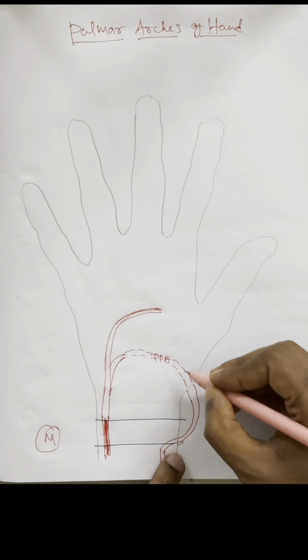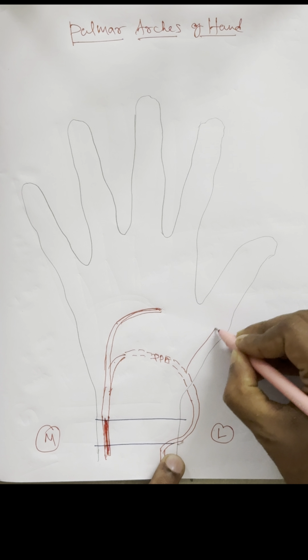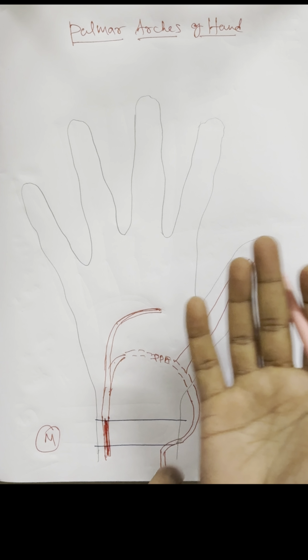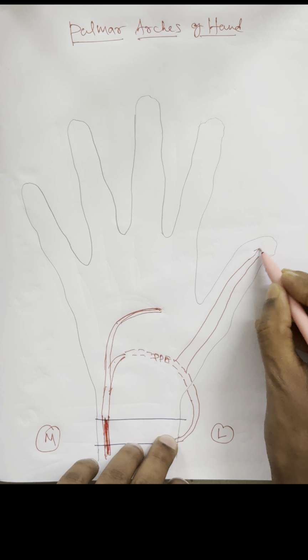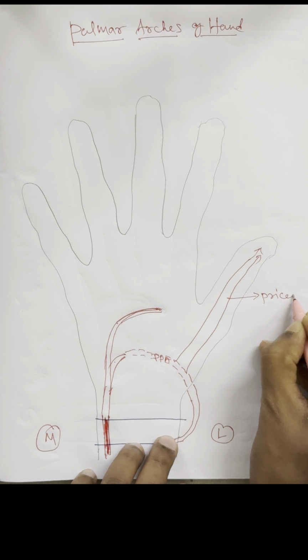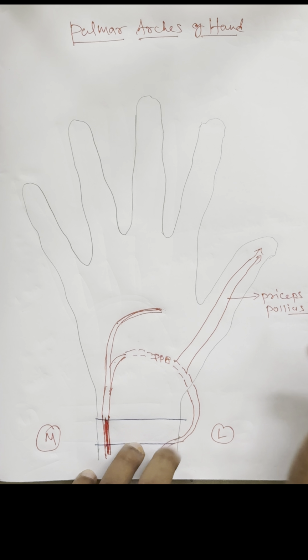Agree? Now, from the deep palmar arch or from the radial artery, it gives branches towards the thumb, right? So out of these five fingers, the thumb is the prince, single, right? So can you say that this artery will be known as the princeps pollicis? Princeps pollicis, right?